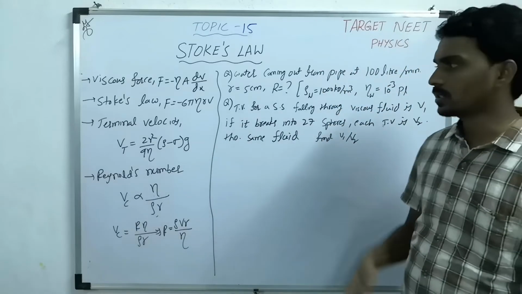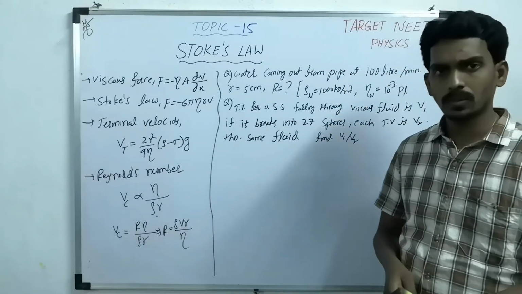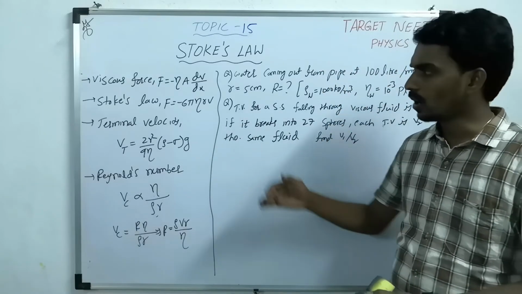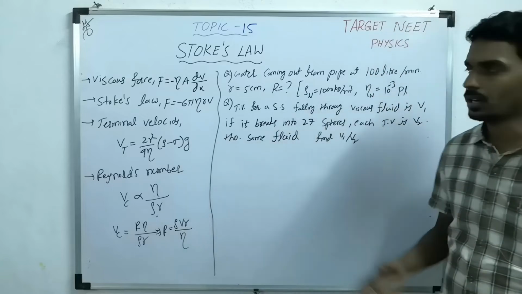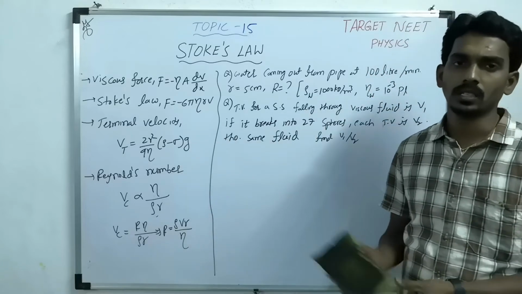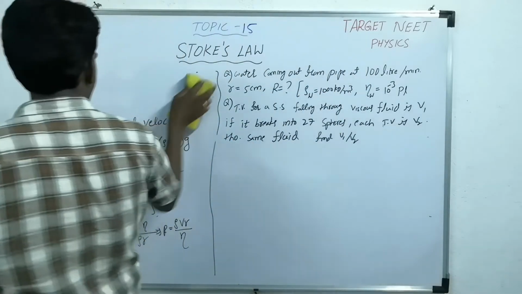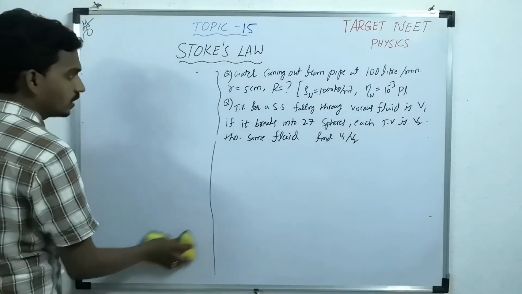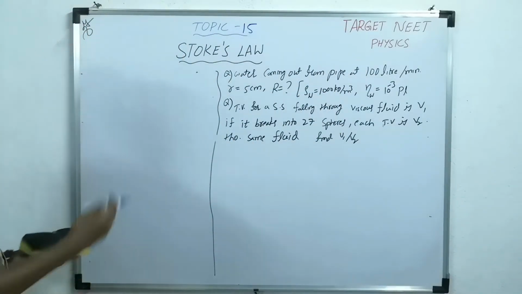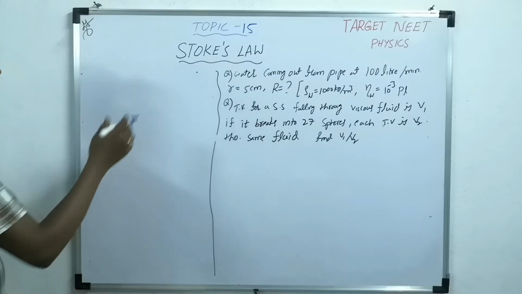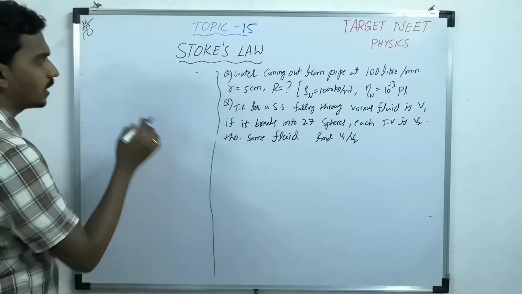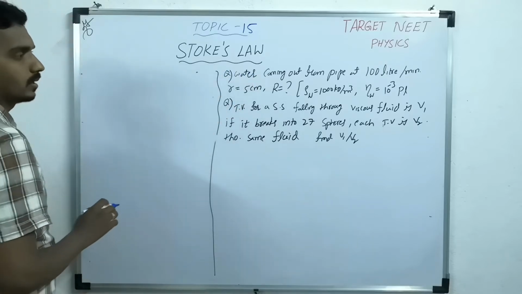Let us try to understand two questions so that you will know how to use these formulas and what kind of questions they generally ask. Consider the very first question. The very first question is water coming out from a pipe at 100 liter per minute.